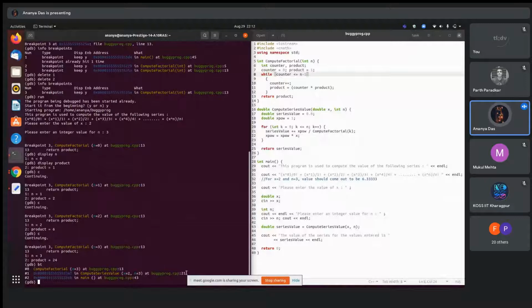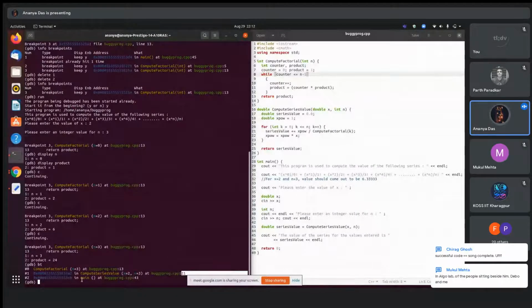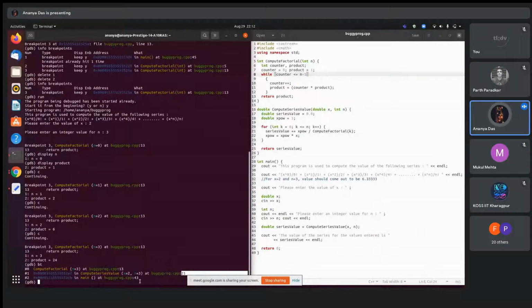And then again at line number 21, the compute factorial function is called. This is a small code, so there are only three call stacks. But when the processes are lengthy, like in lengthy recursions and such, this backtrace command is quite useful.